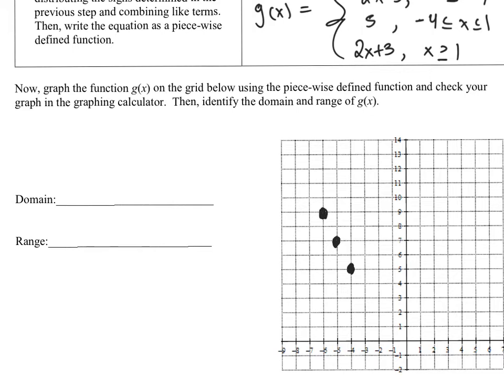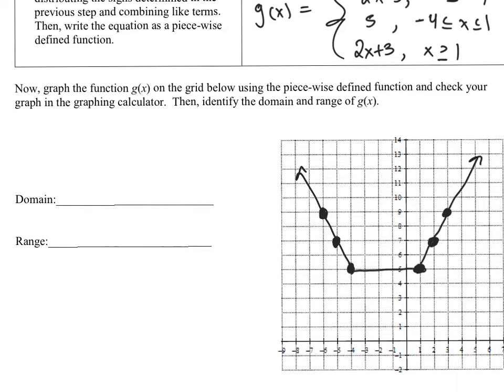And then it's 5, so it's constant from negative 4 to 1. So here's 1, and it is constant from here. Then our slope is positive 2, so we go up 2 to the right 1, up 2 to the right 1, up 2 to the right 1.